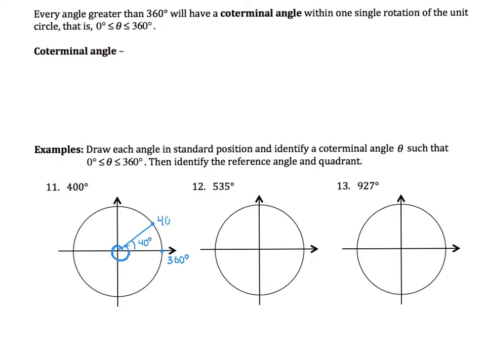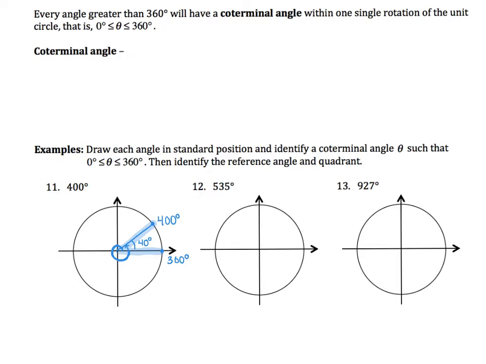So here's 400. And we've actually just already done a few things that were asked for in the instructions, right? Right here, we basically just figured out the reference angle, right? We figured out the distance from here to my x-axis, 40 degrees.